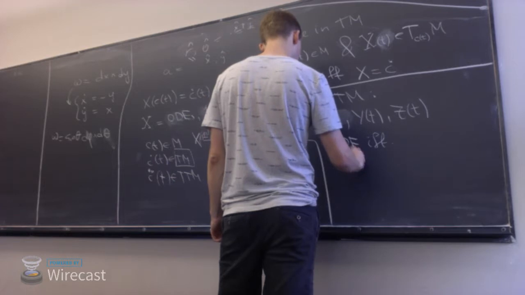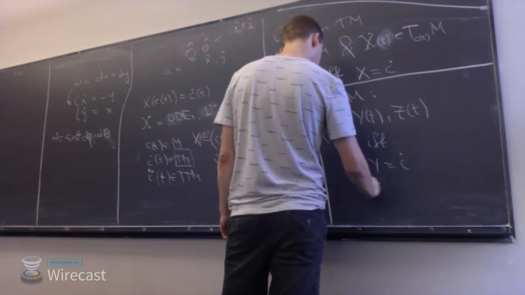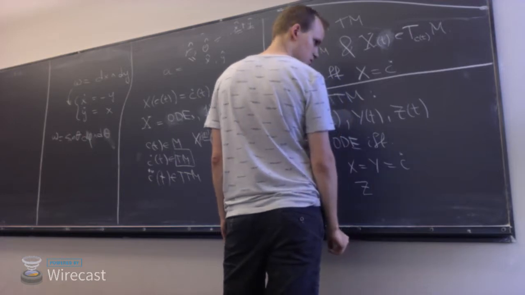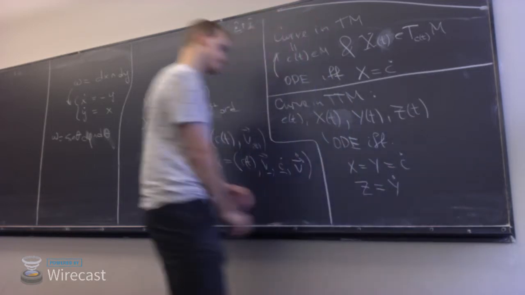Right. So x equals y equals c dot, and z equals x dot equals y dot. Right. Okay.